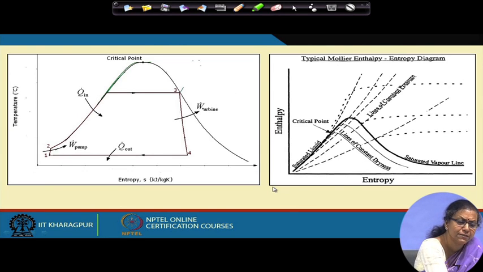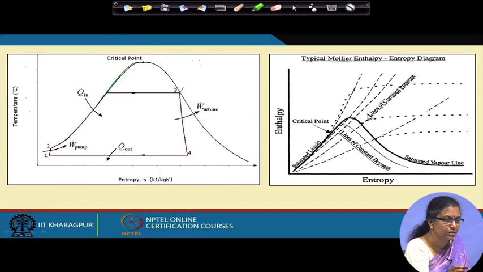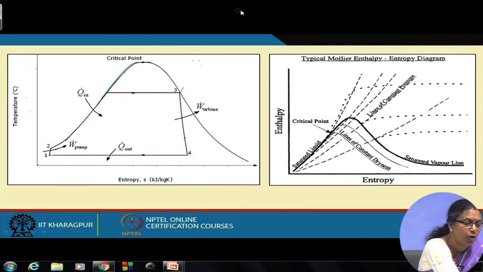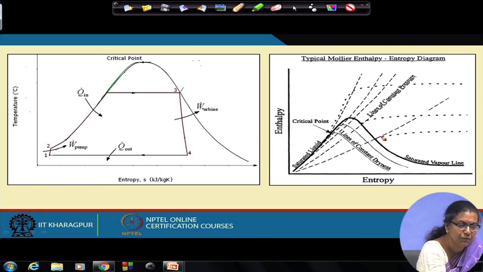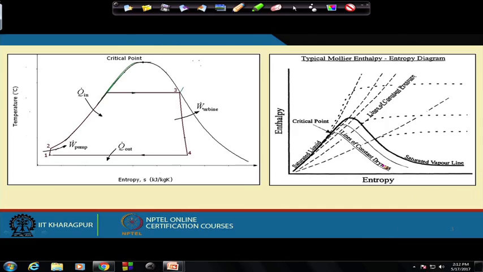So, this particular curve is complete in all respects. If we know the pressure and temperature of different points, we are in a position to find out the enthalpy and the entropy, and if the conditions are such that the point lies within the two phase dome, then we can also find out the dryness fraction or the quality of the mixture.